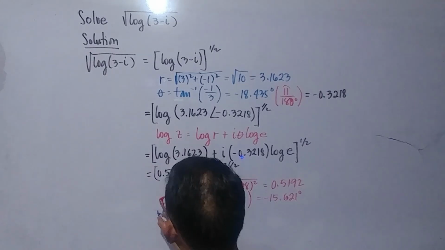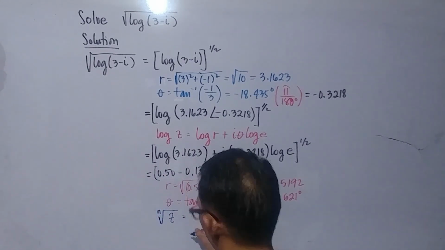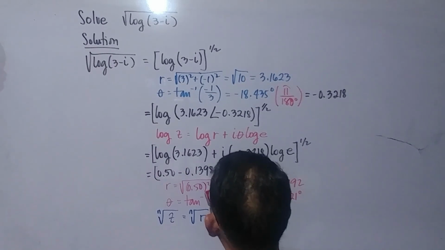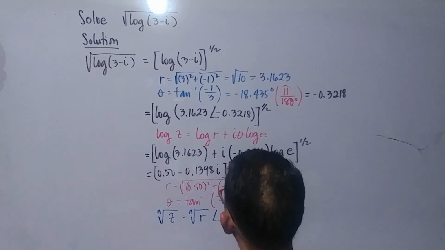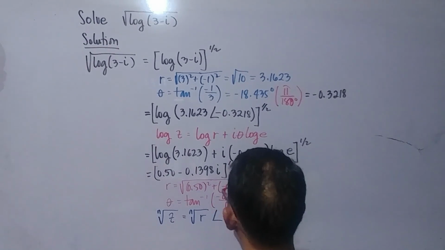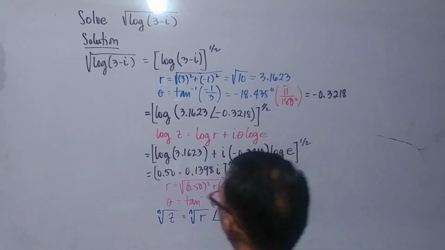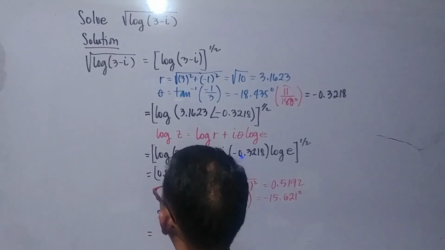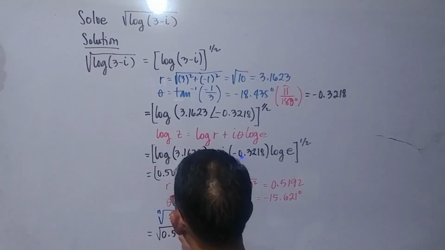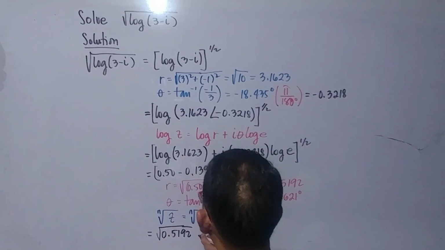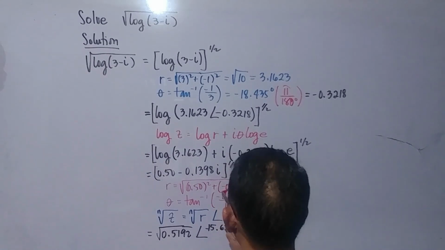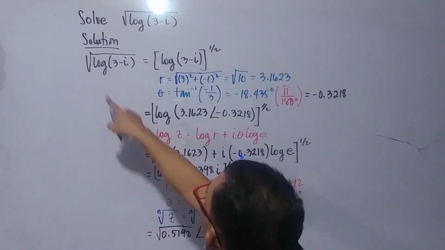the nth root, so we have the square root of 0.5192, angle negative 15.621 over 2 because we are in square root.